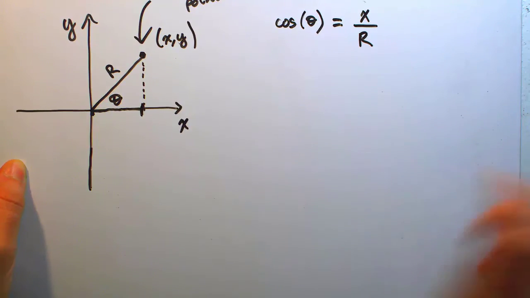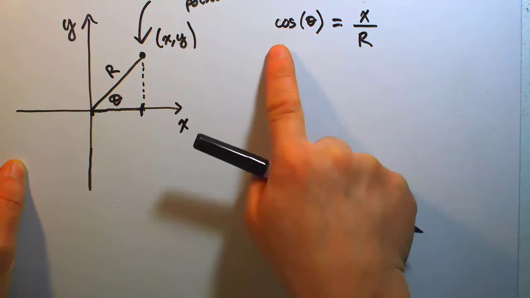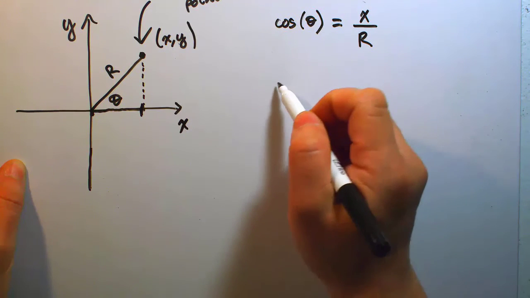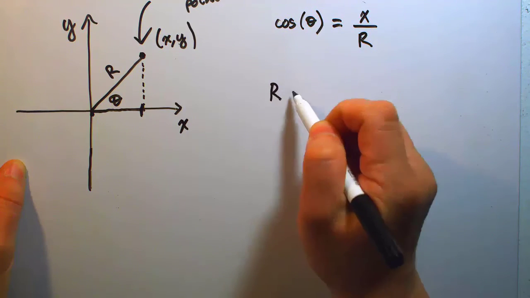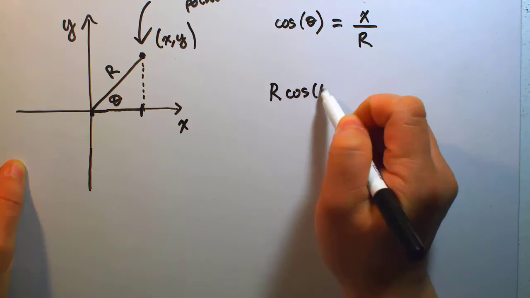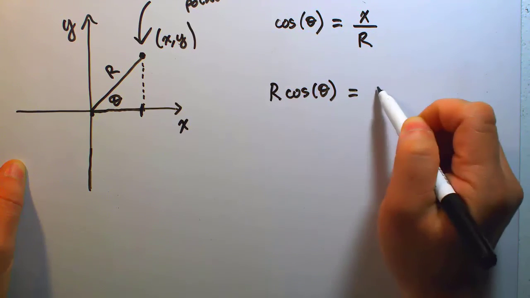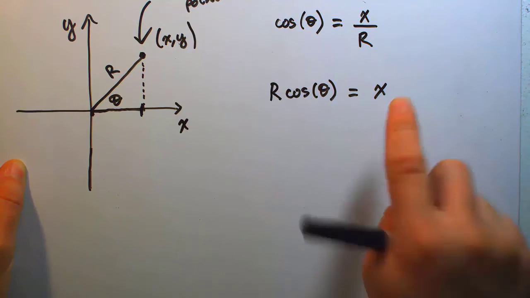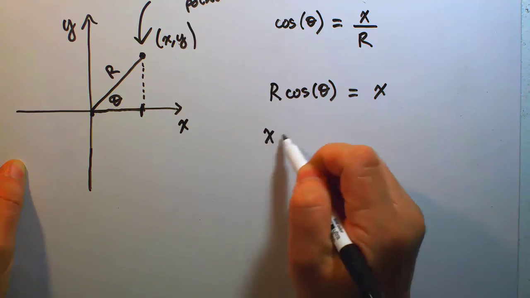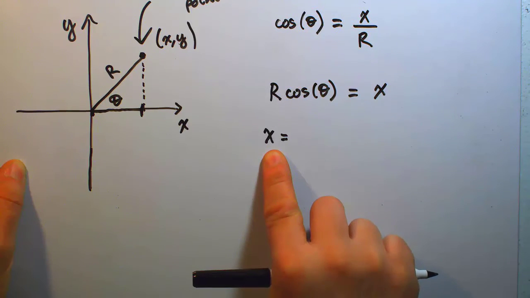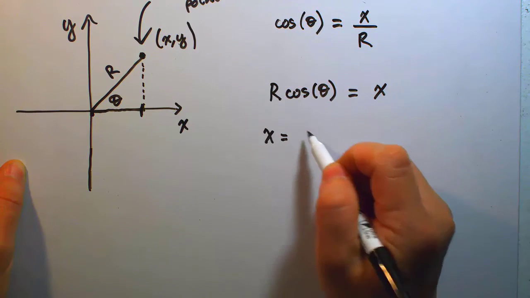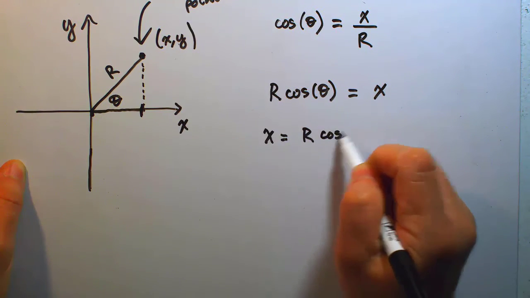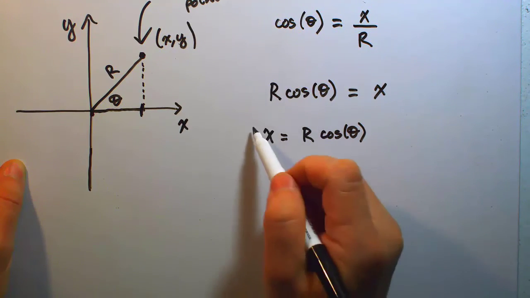We can algebraically rearrange this equation by multiplying r to both sides, and what we end up with is radius multiplied with cosine theta equals the actual x coordinate of your terminal point. This formula becomes quite useful in a lot of computational work later on. So radius times cosine of the central angle equals the x coordinate of the terminal point.